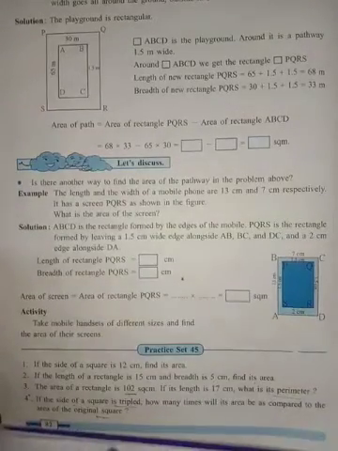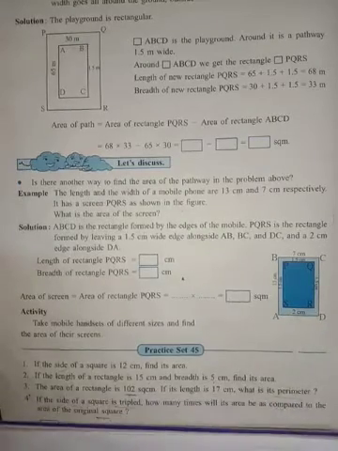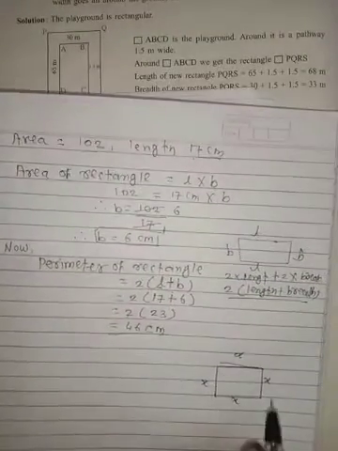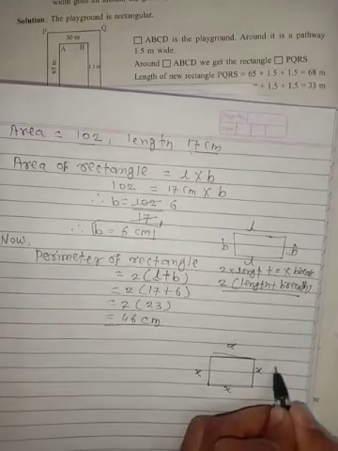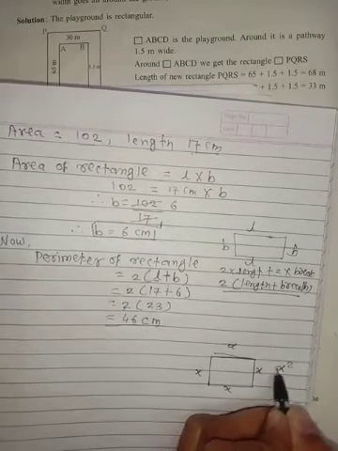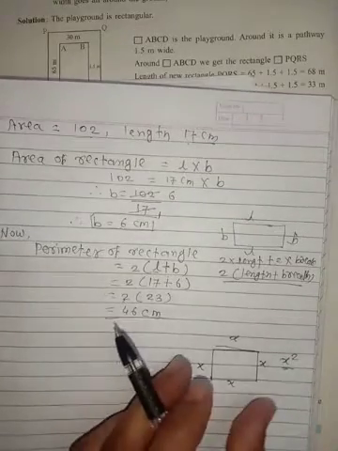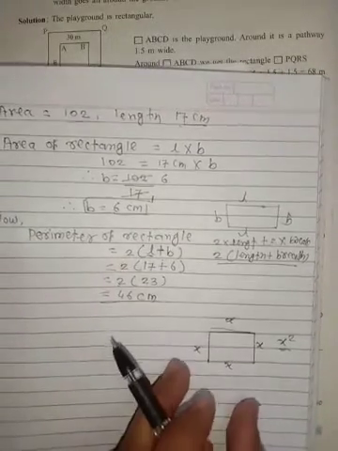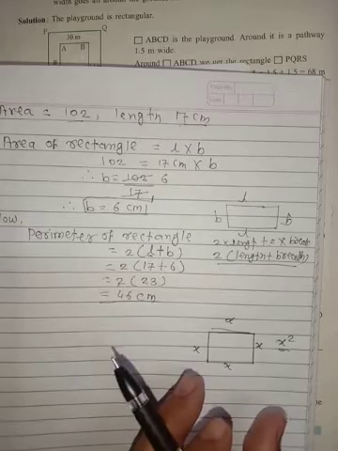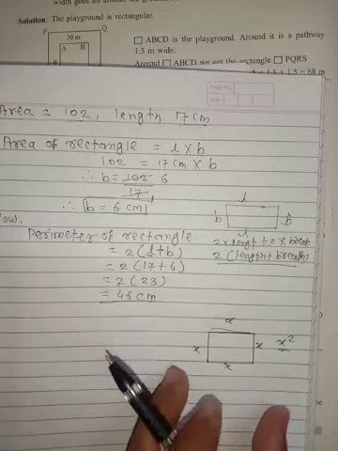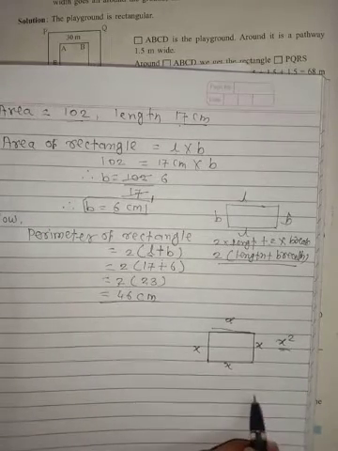So the area of this square is x square. This is the original square. Now if you expand this square 3 times, what is the size of this square?